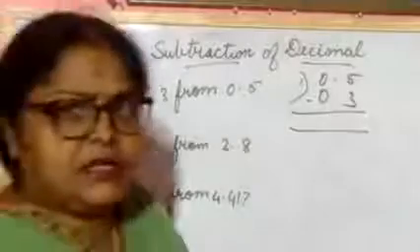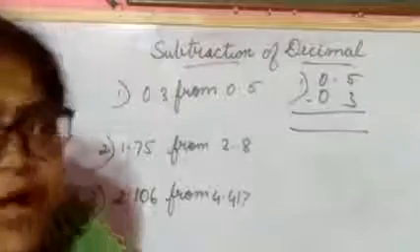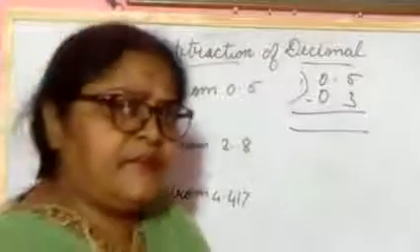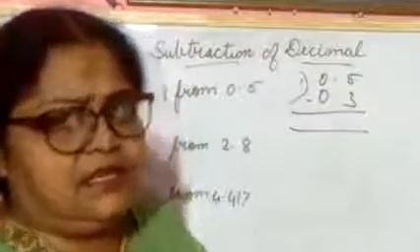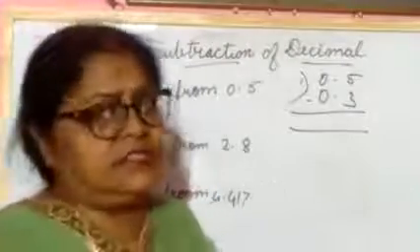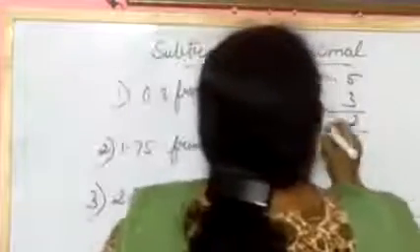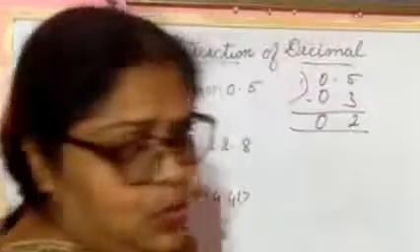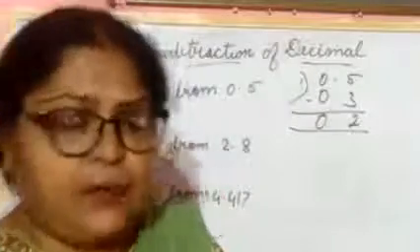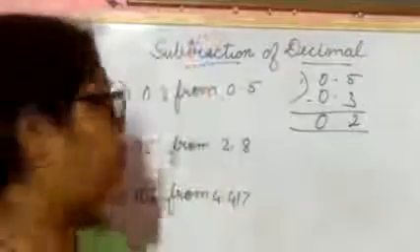What you are getting? 5 tenths minus 3 tenths, you will get 2 tenths. So the answer is 0.2. Clear it is?